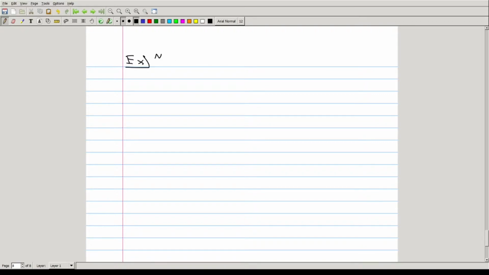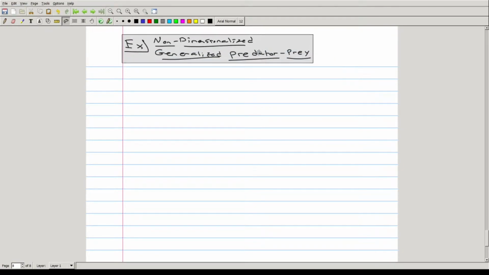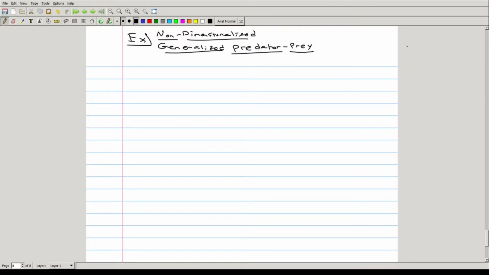So this is specifically the non-dimensionalized generalized predator-prey problem. This is found in the Ends book. This is one of our course texts.